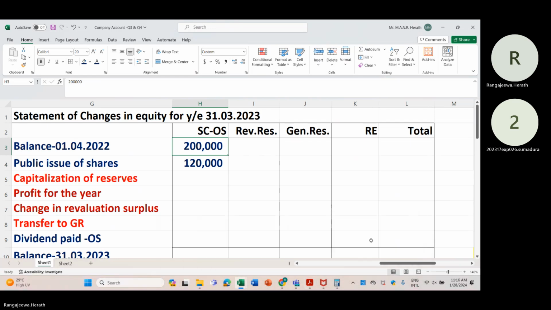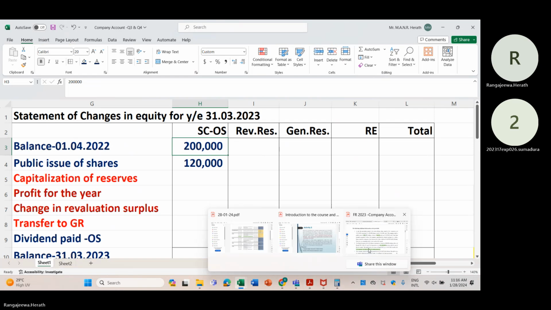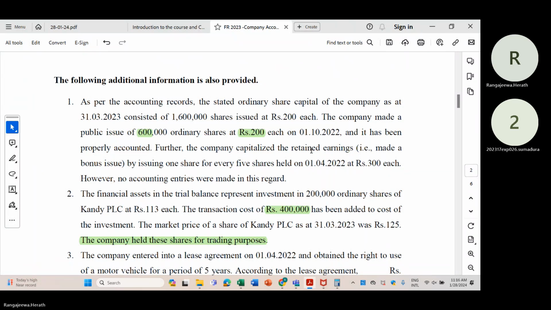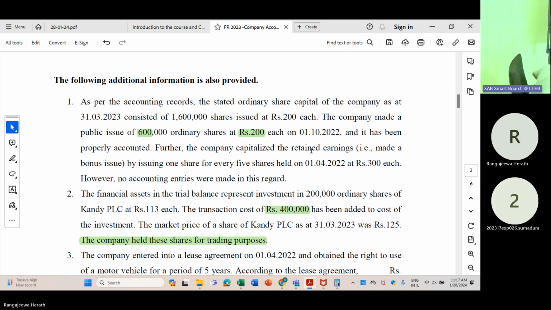Capitalization of reserves. During the year, the company capitalized retained earnings, that is a bonus issue, 1 for every 5 shares held at the beginning of the year.